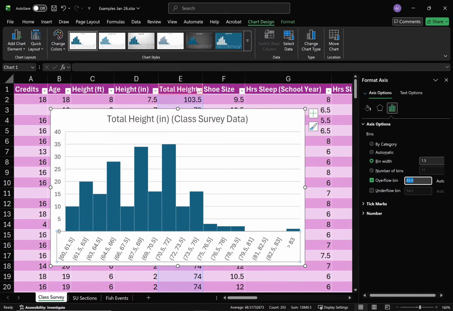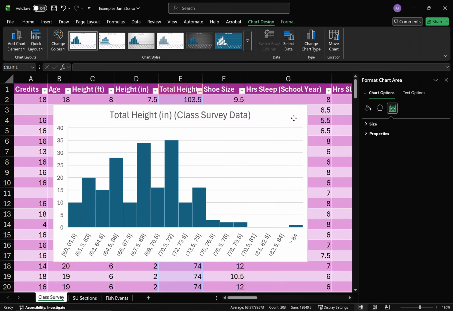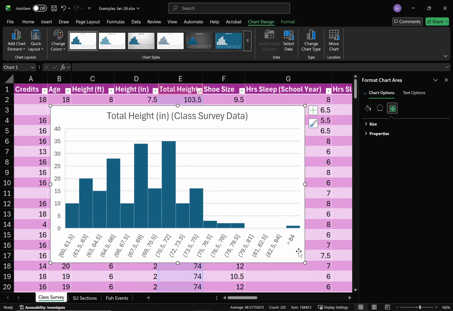So we could put everyone that's 84 inches or higher into their own bin, which is just this one person that lied about their height. So that kind of allows you to make the rest of the histogram spread out a little more. And you can also do an underflow bin that does the same thing, basically, but we don't need it for this one. Okay, so the rest of it's a little more stretched out and looking nicer now.